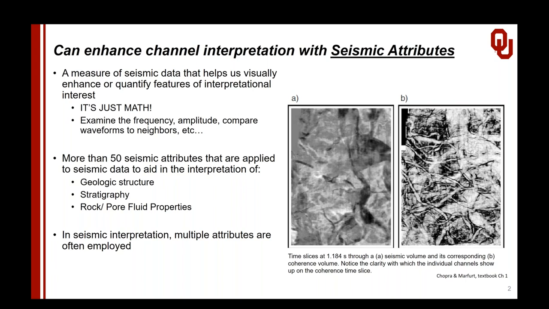But if we run a seismic attribute, one of my favorites, called coherence, which compares the waveform to the one next to it, we can suddenly see that this is really a mass of overlapping channels in the shallow Gulf of Mexico area. That shows how we can bring out visualizations of seismic data.